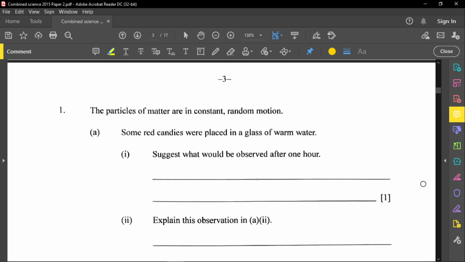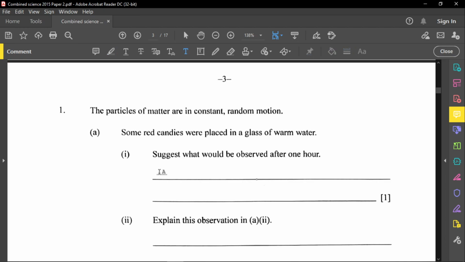The first question reads that the particles of matter are in constant random motion. It says some red candies were placed in a glass of warm water. It says suggest what would be observed after 1 hour. So after 1 hour, this is what happened.